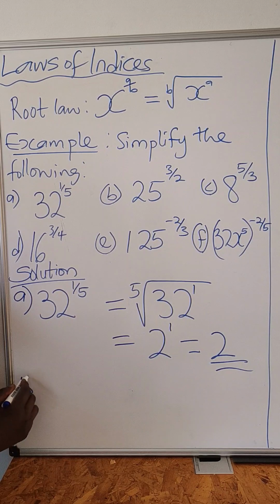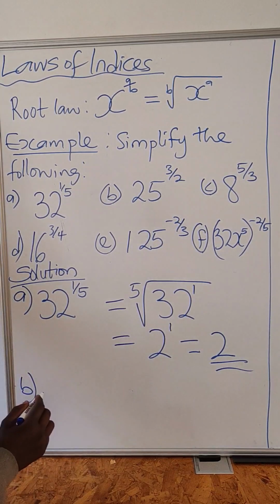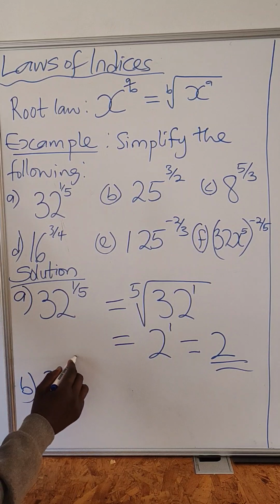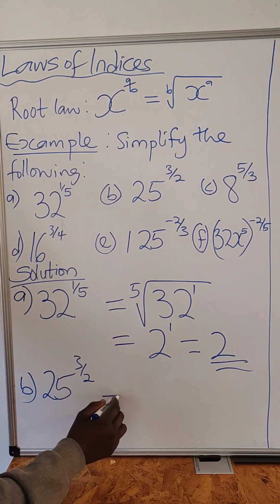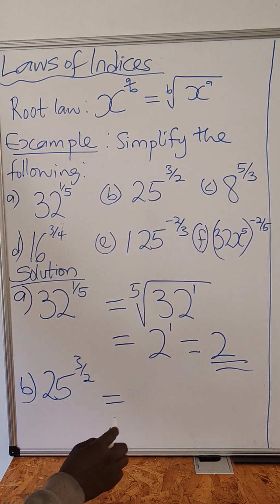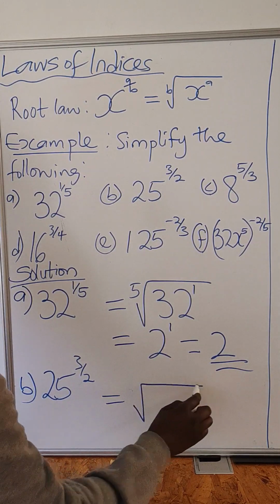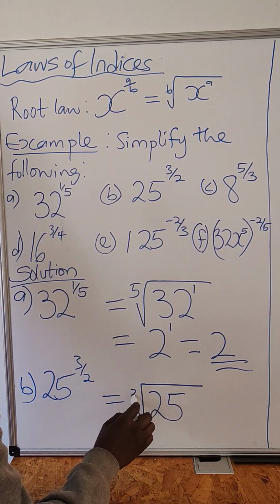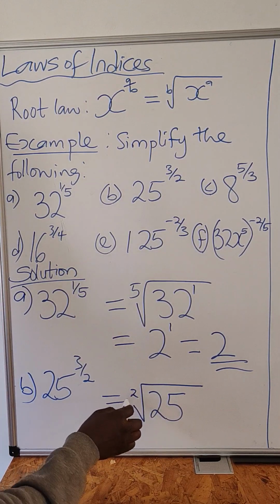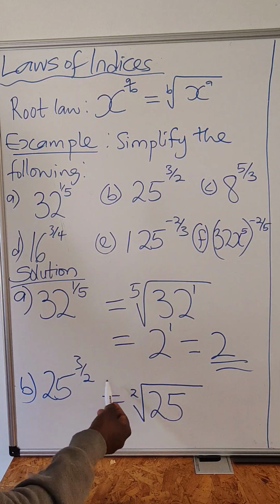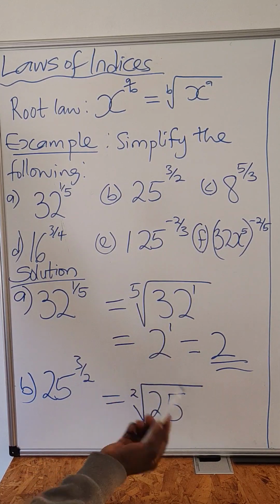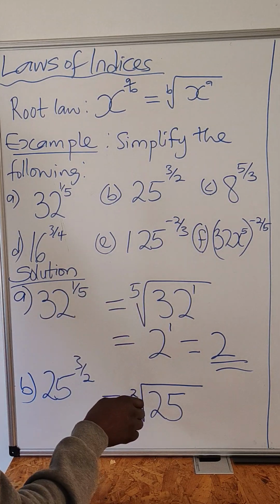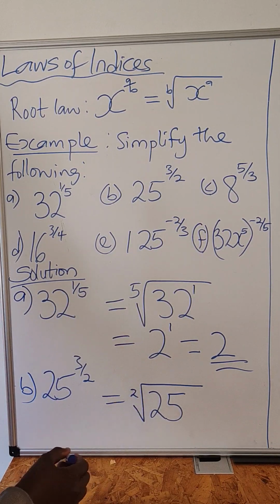We move to the second one, which is 25 raised to power 3 divided by 2. By the root law, this will be the square root of 25. The 2 can be written here, or one can decide not to put 2, it's square root. But if it's above 2, it's very important to indicate the figure.